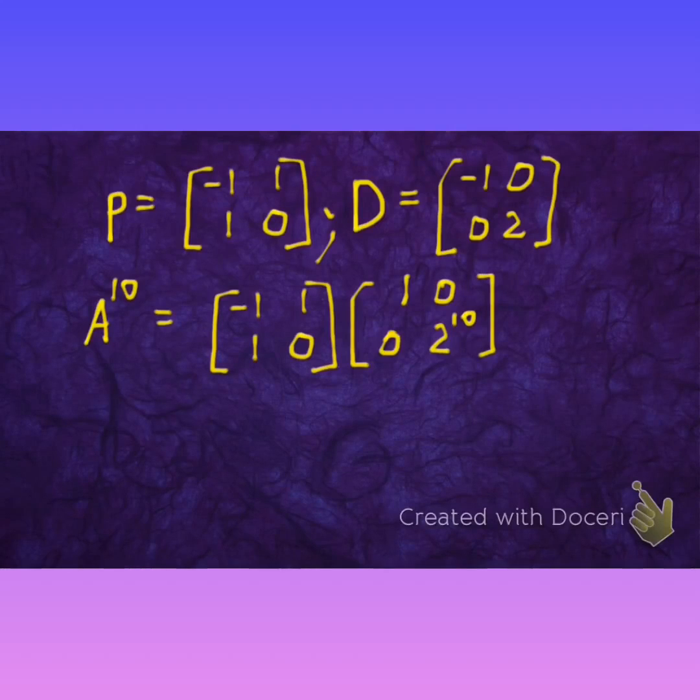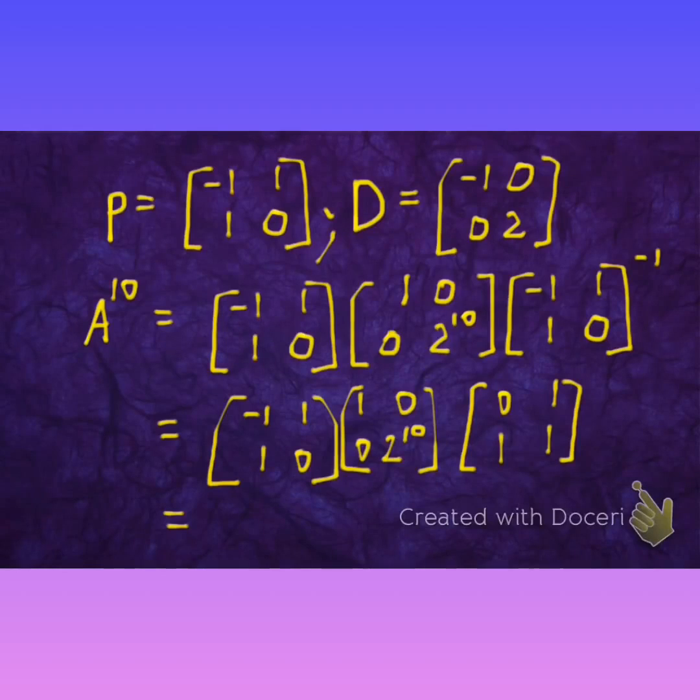And then you're going to take that matrix and invert it. So calculate the inverse of the matrix P, and we have that product.